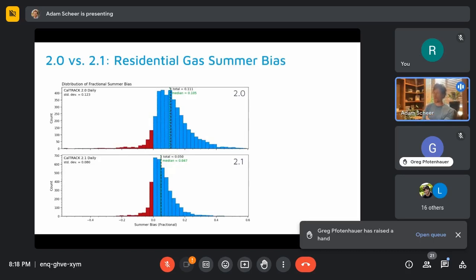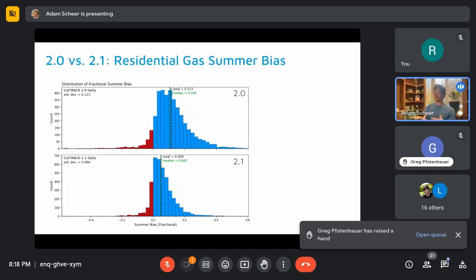In the 2.0 model, we see more than 10%, we see 11% bias. In CalTrack 2.1, that's cut by more than half, and bias is 5%. And medians follow the same kind of pattern. But again, we see that the bias was originally positive, and it is still positive in 2.1. And I'm not showing shoulder here, but shoulder has a similar story where we dramatically reduce bias.